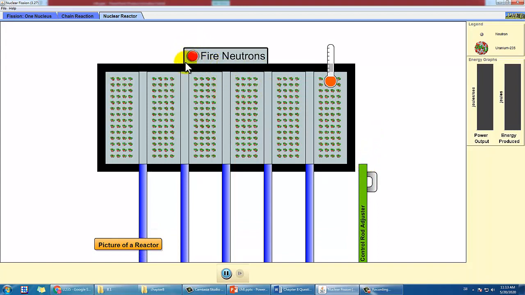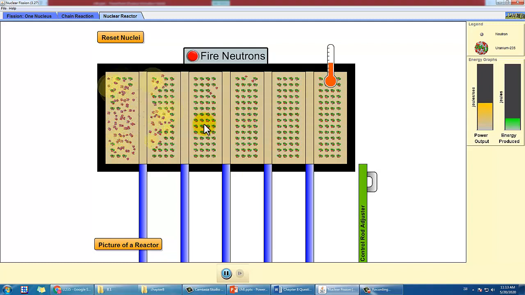So here what I can do is push a button to fire the neutron, and I'm going to do it now. 3, 2, 1. And you can see, well, sometimes it just doesn't happen at all, right? Because maybe the neutrons all collide onto the wall, and maybe we have to fire another one, and hopefully the chain reaction can actually happen.